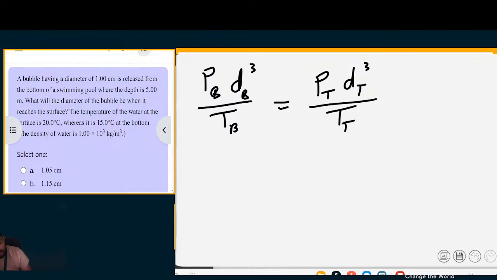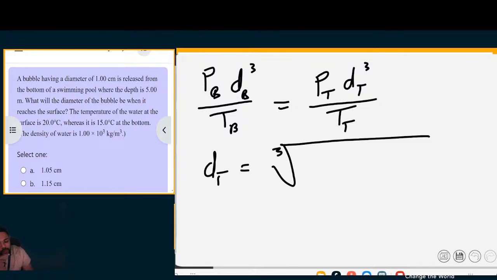Okay, now we want to solve for the diameter at the top. That is equal to the cube root of pressure at the bottom, diameter at the bottom cubed. You just rearrange the formula.